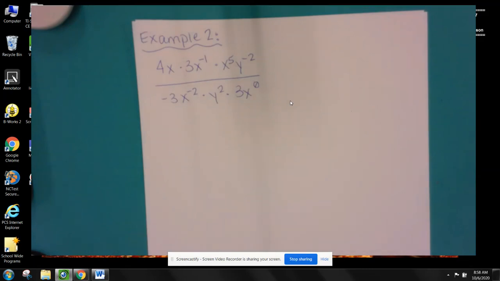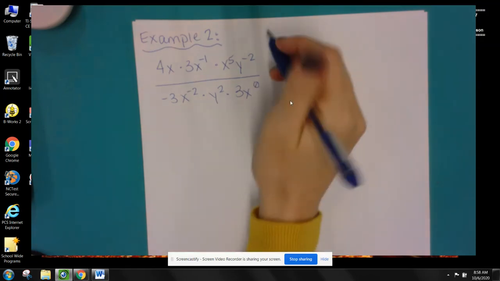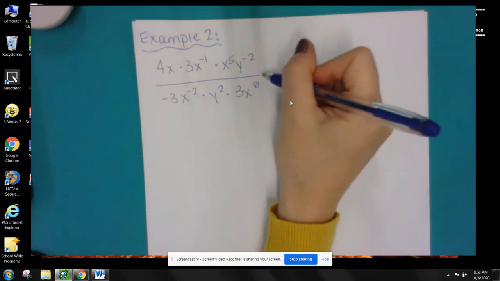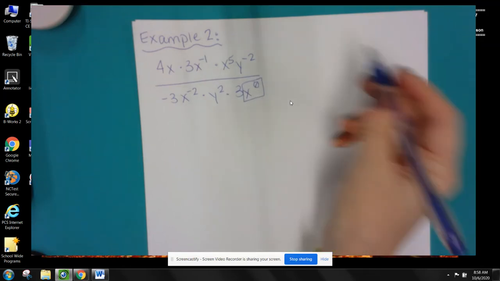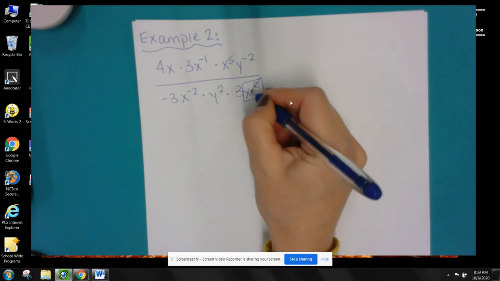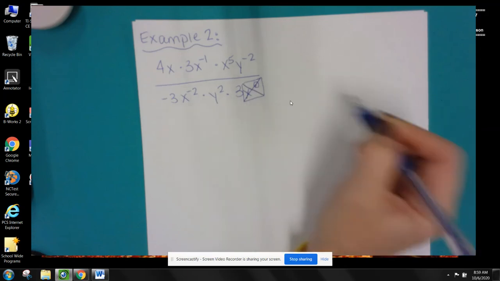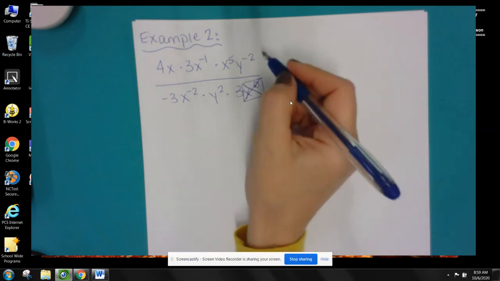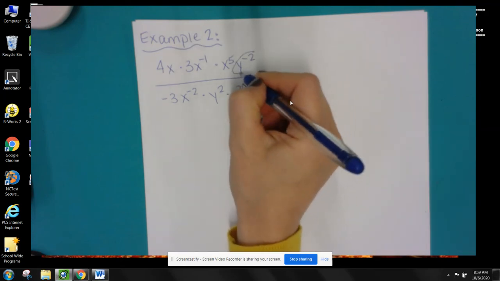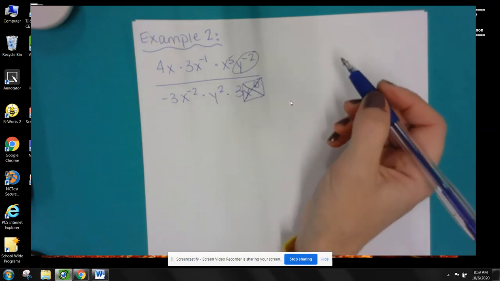All right, now I've got a whole lot of stuff in fraction form. So the first thing I notice is that right here, I have x to the power of 0, which means that is a 1. So that's gone. Then I notice this y squared has a negative exponent.